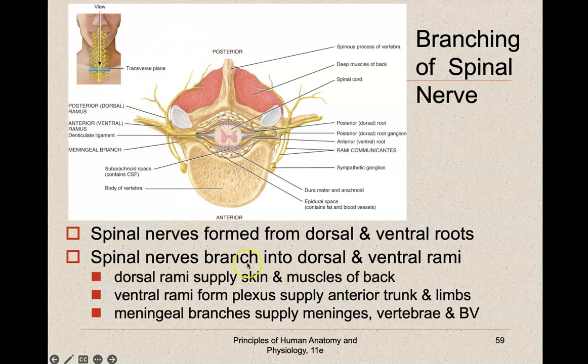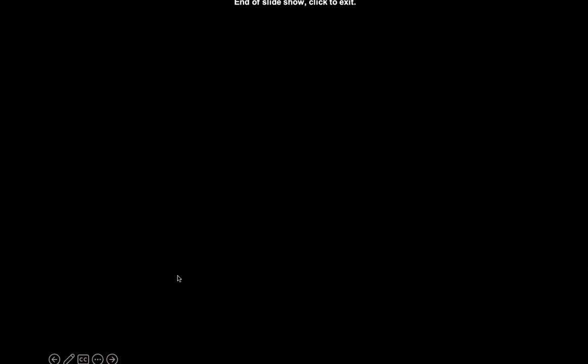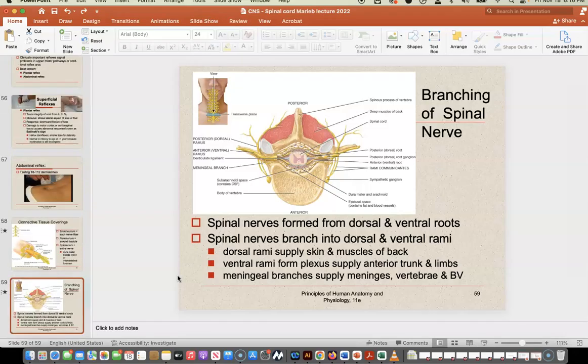And then you also have a meningeal branch that supplies the meninges. We'll talk about the ramus communicantes when we get to the autonomic nervous system. I just mentioned these mainly for the purposes of lab because you will talk about them in lab.